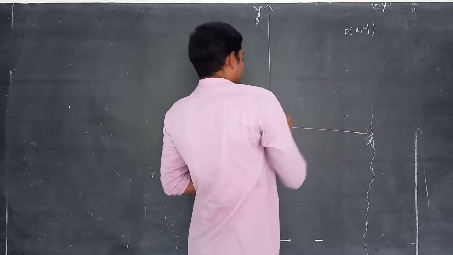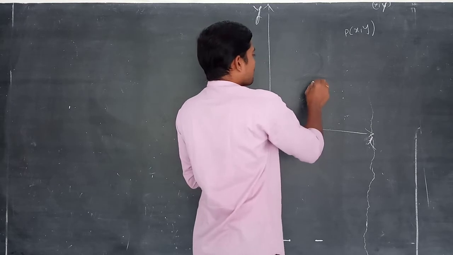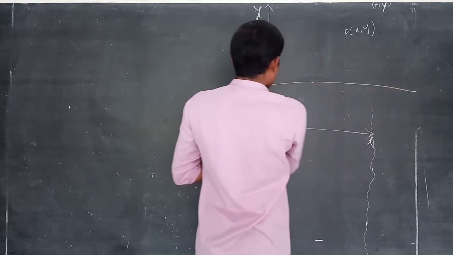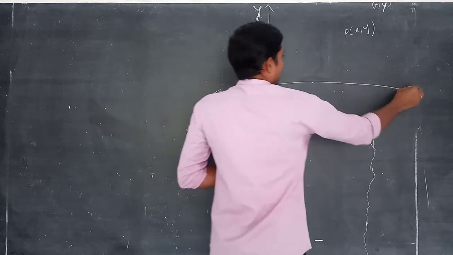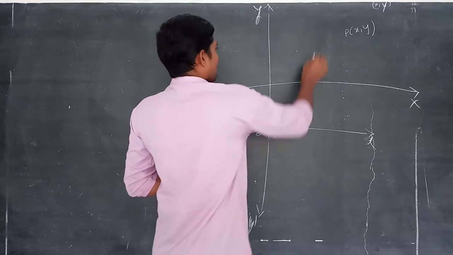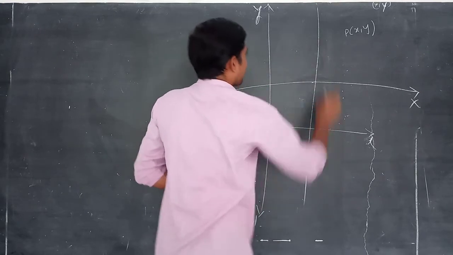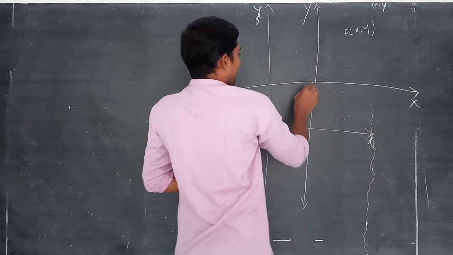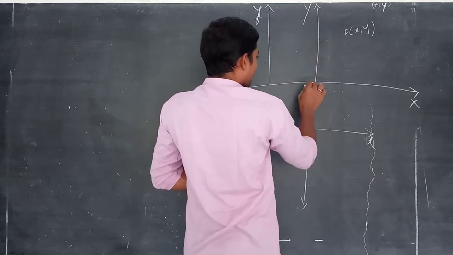Suppose the origin is here, now at here, then this is x-axis, capital X, x dash, and this is y-axis. This is capital Y and O dash.